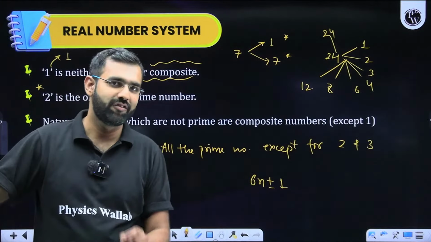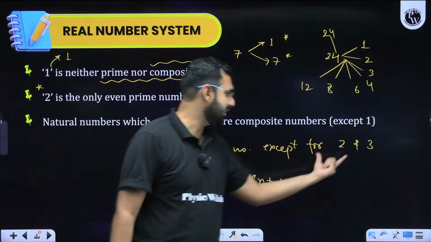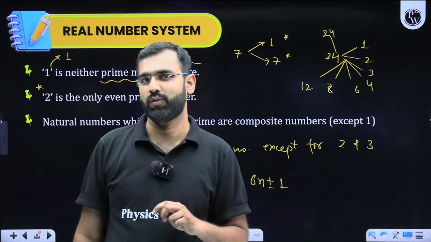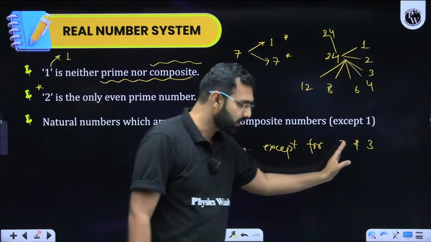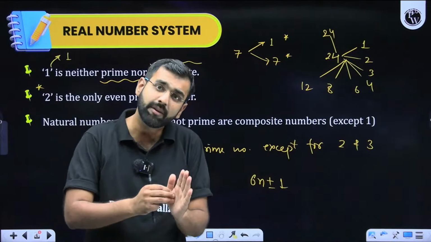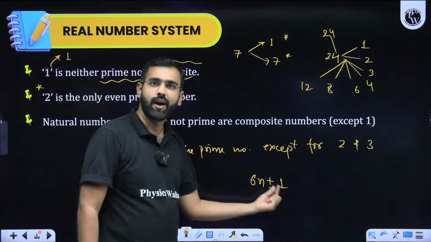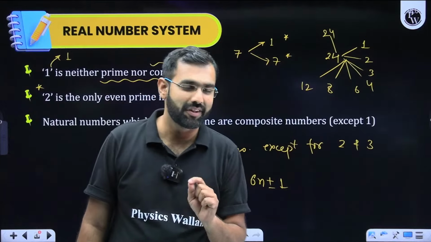Did you listen to what I have just said? It means if you ever see a prime number except for 2 and 3, it will always be of the category 6n plus minus 1. Just forget 2 and 3. Apart from them, any prime number you take will always be one more than a multiple of 6 or one less than a multiple of 6. Are you listening and understanding?